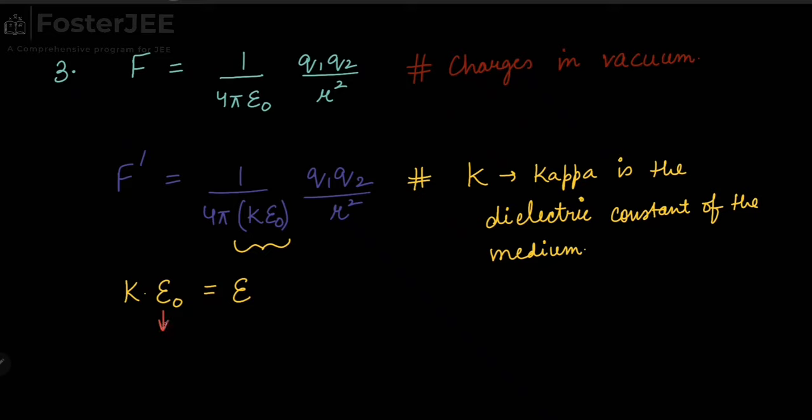Epsilon naught is the permittivity of free space, whereas epsilon is the permittivity of the medium.